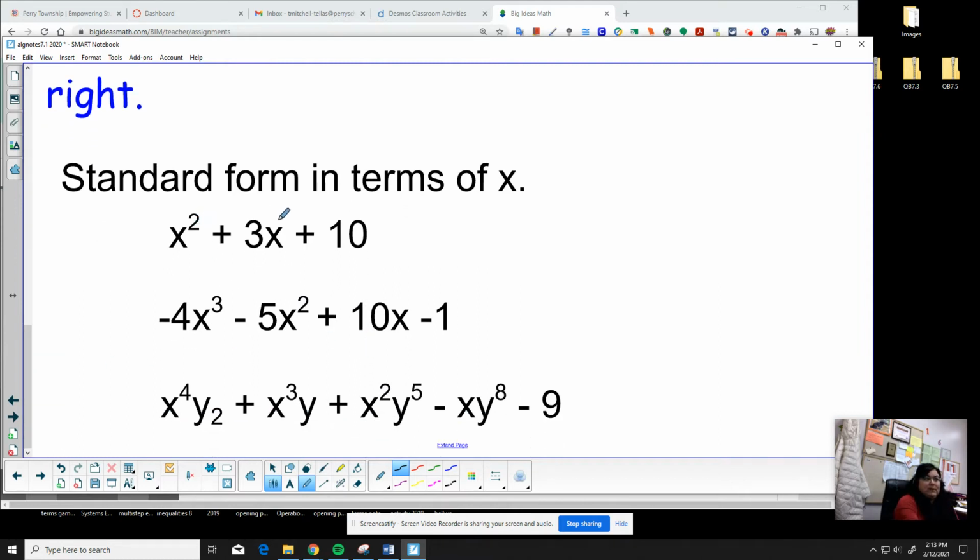So x squared, x to the first, and no x. X cubed, x to the second, x to the first, and no x. And then if it's in terms of x, I'm just looking at the x term on this weird one. So x to the fourth, x to the third, x to the second, x to the first, no x. I wasn't looking at the y because it says in terms of x.